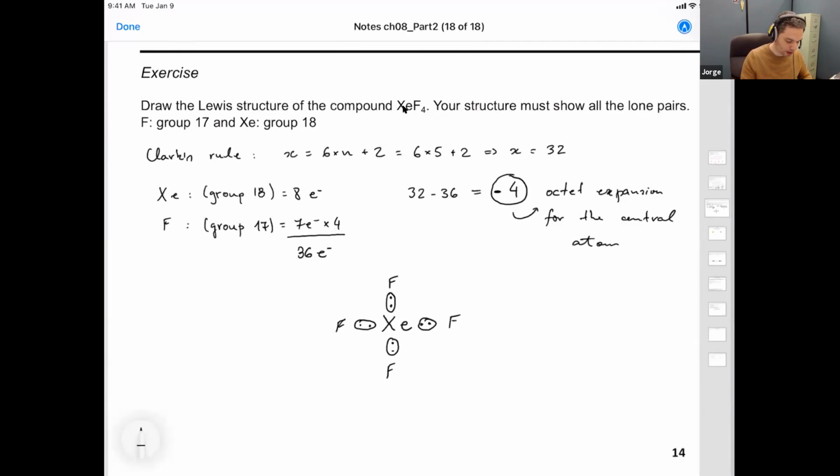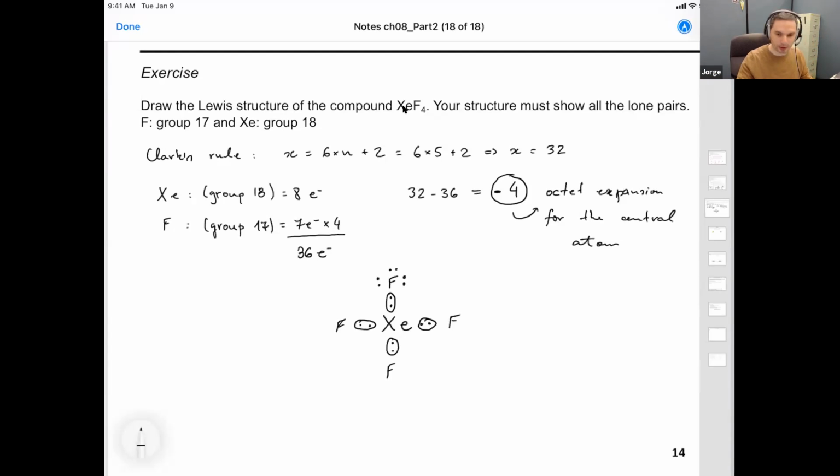Okay, so now let's use the remaining pairs of electrons to fill up the octet of the atoms that are bonded to the central atom. So fluorine has 2 for each single bond, 4, 6, and 8.